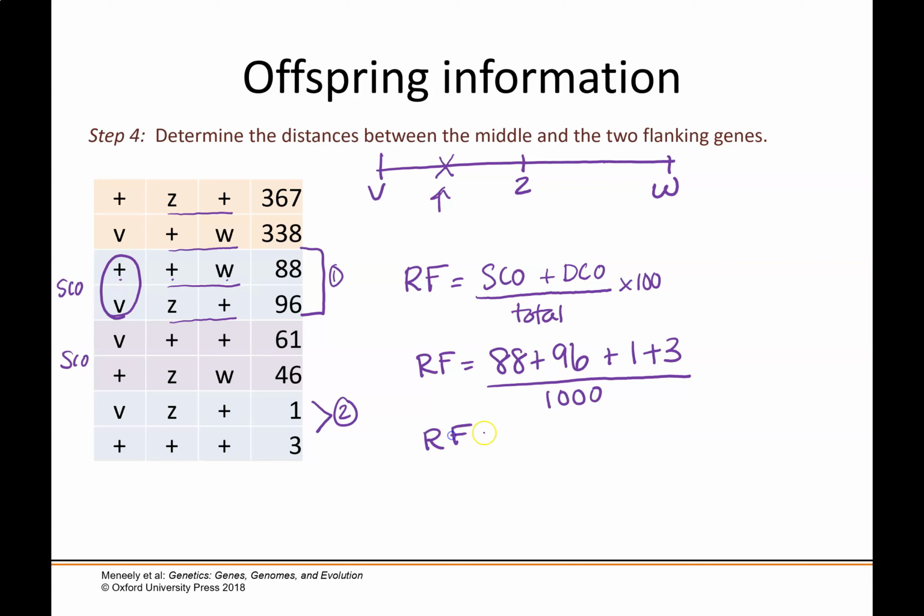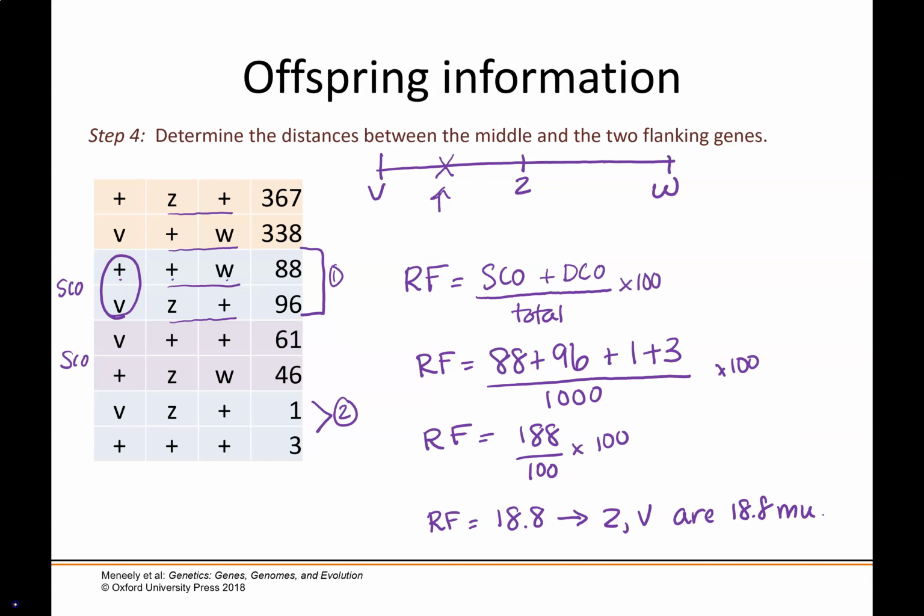So our recombination frequency is going to be 188 divided by 1,000 times 100, which means that our recombination frequency is 18.8, which means the Z and the V genes are 18.8 map units apart. So we know that our distance now between our V and Z genes is 18.8 map units.